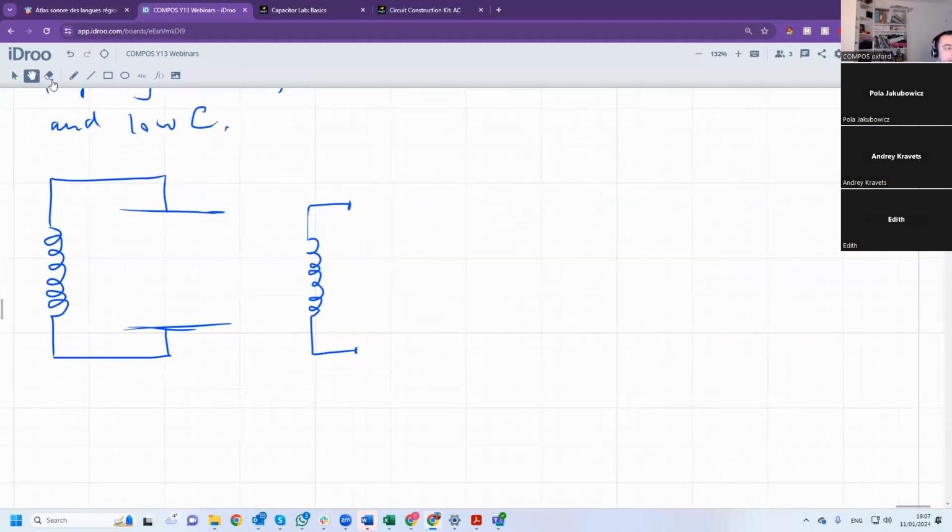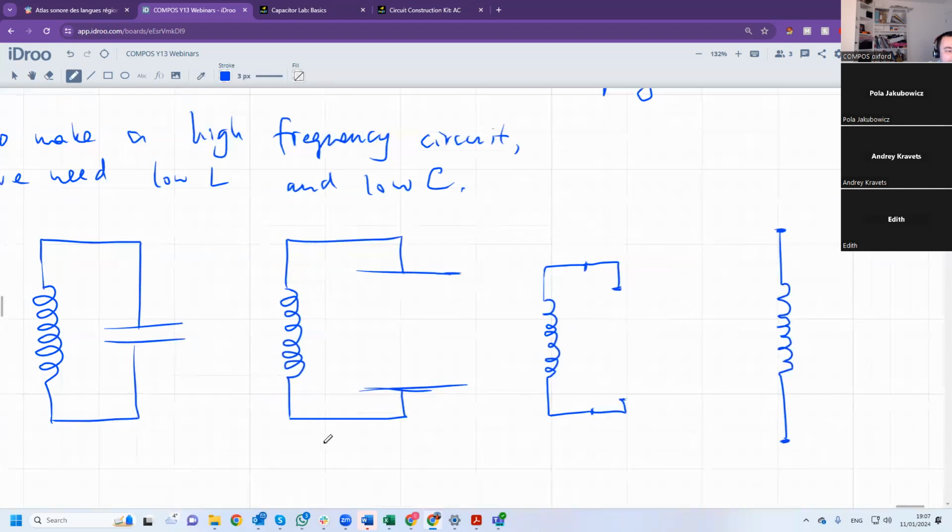Well, how far can you go? Make plates smaller and further apart.